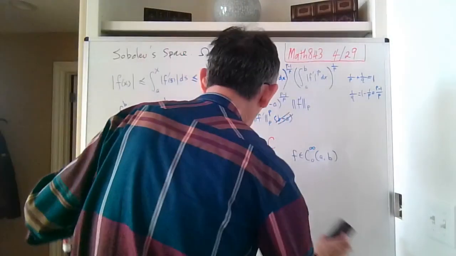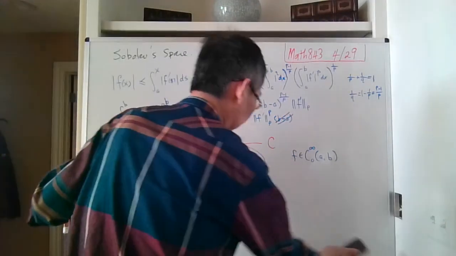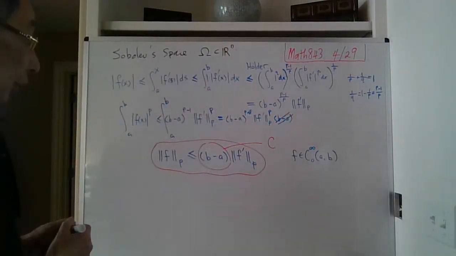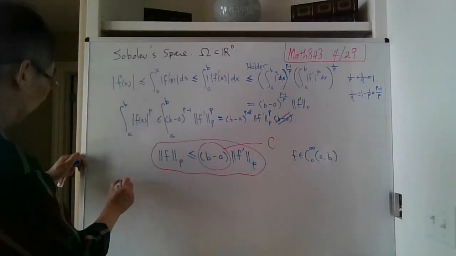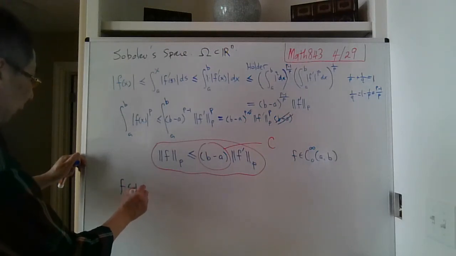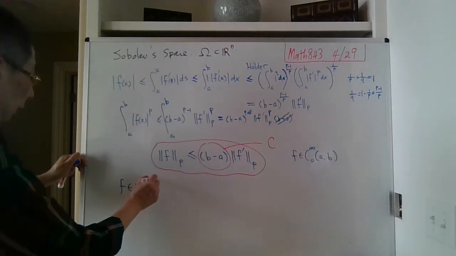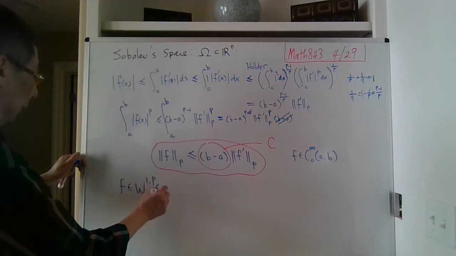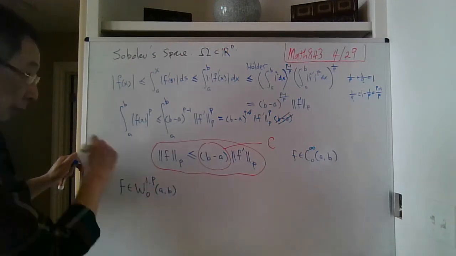Okay, and this can be done in a very standard procedure. Suppose that you have f in W_0^{1,p}(a,b).